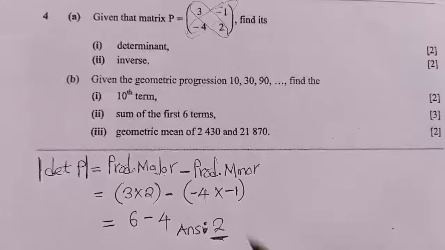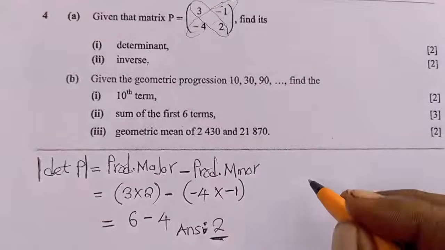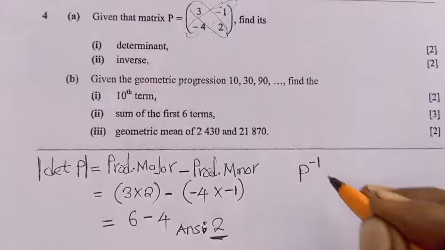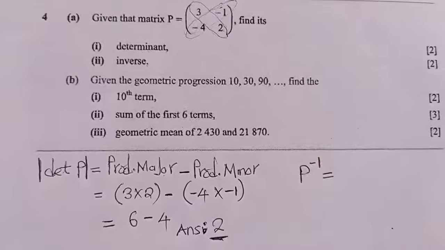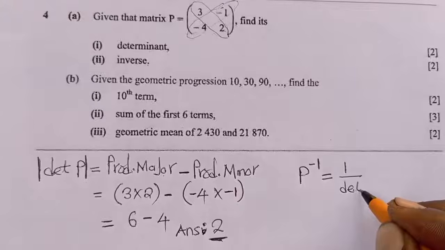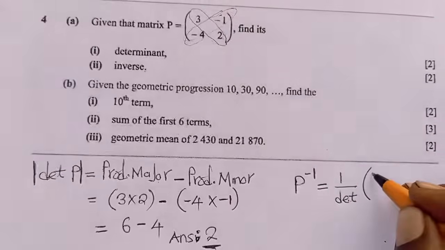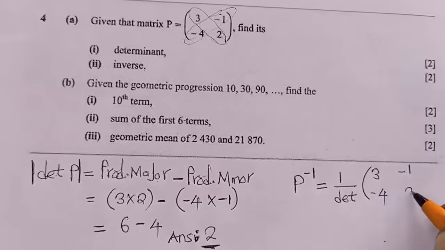For you to be able to find the inverse, you need to know that for example, this is matrix P. So the inverse of matrix P is equal to, have you seen the symbol there? You say 1 over the determinant. Then the matrix we are given is 3, negative 4, negative 1, 2.